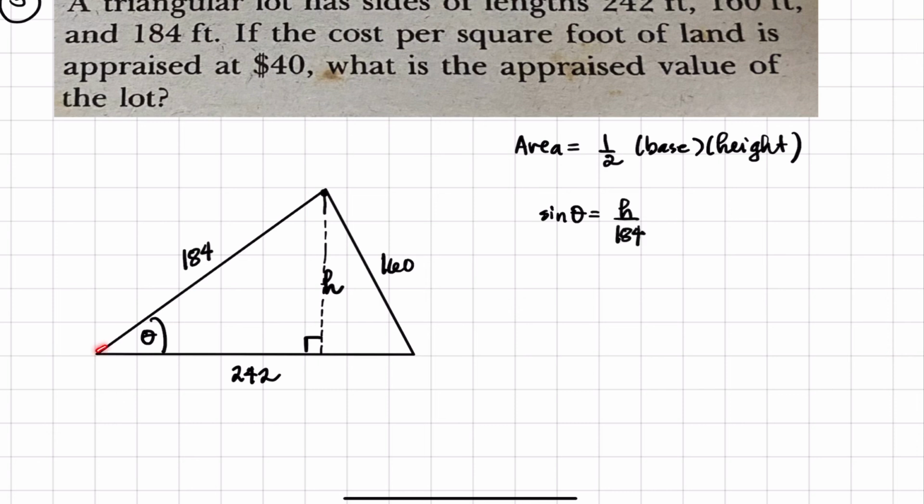Dito ako nakatingin sa triangle na to. So, opposite over hypotenuse. So, yung height mo can be calculated as 184 sin theta. But the problem is you don't know what theta is or you don't know what sin theta is. Pero once na malaman mo ano yung sin theta, mahahanap mo yung h.